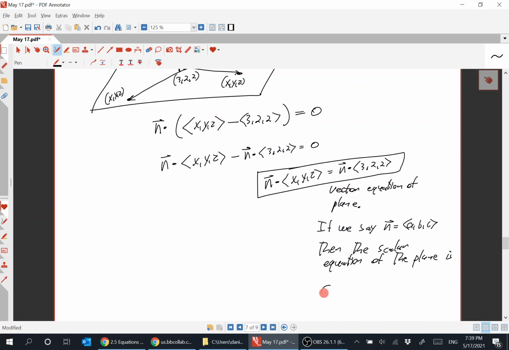It's ax plus by plus cz, that's this dot product, equals 3a plus 2b plus 2c.